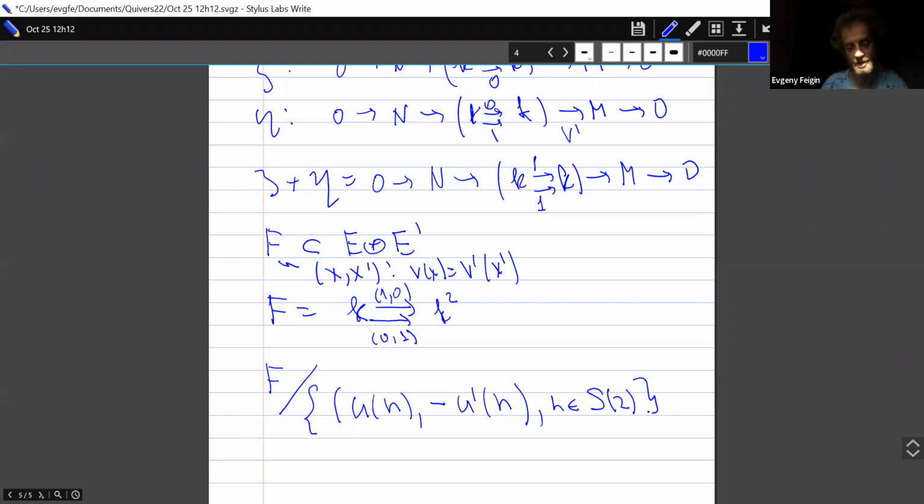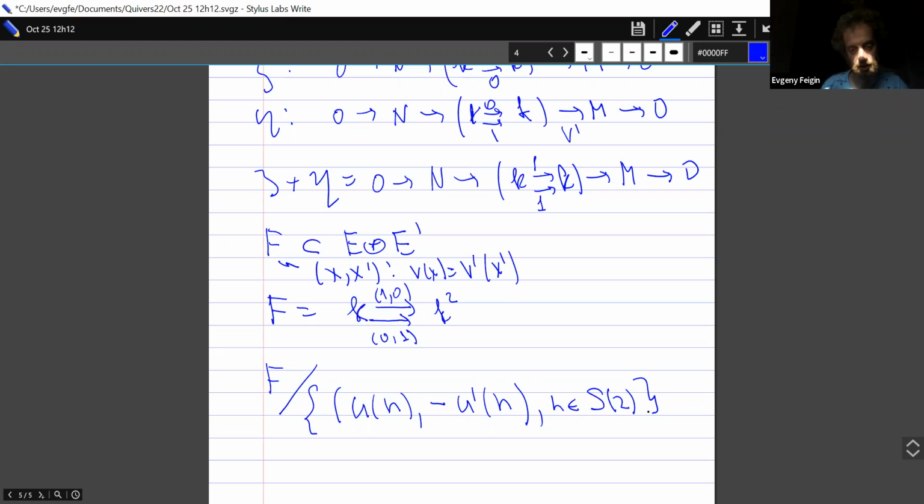And U is an embedding to the second subspace; U and U prime are both embeddings.